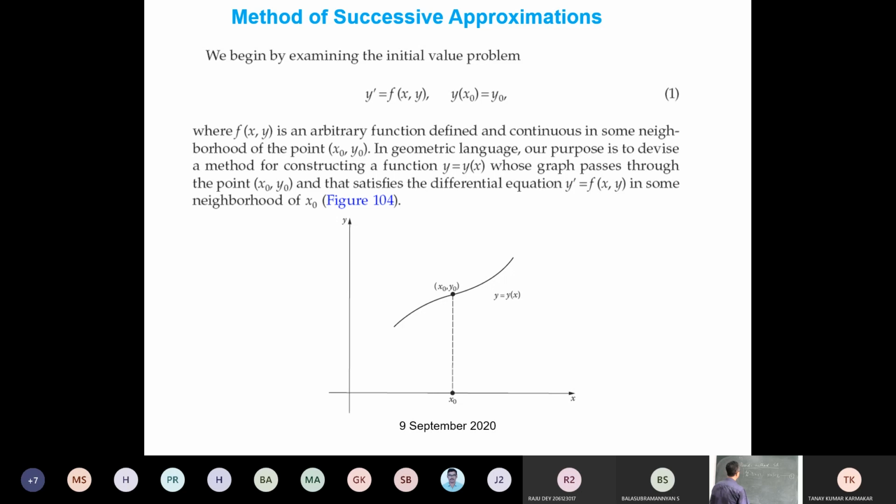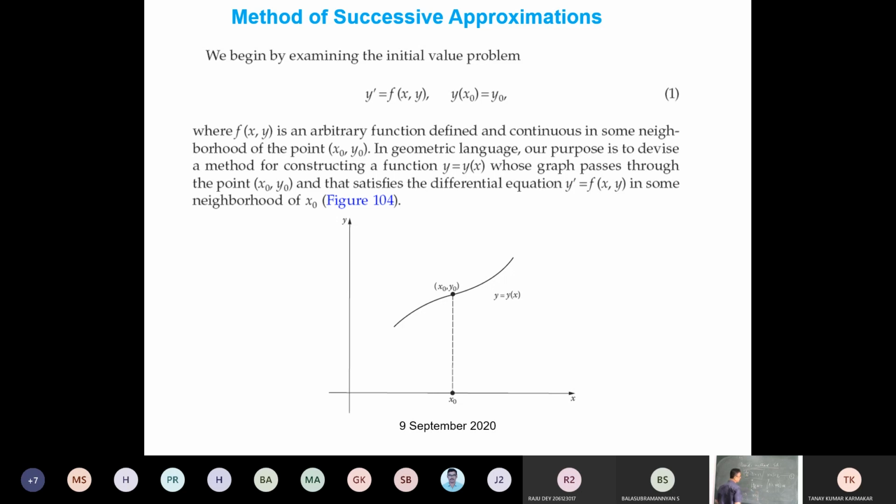Okay, so now if I integrate this relation, dy/dx, between the points x naught and x, here I'm simply going to use a dummy variable, and of course y, sorry, not x, this is y'(t) dt, right?